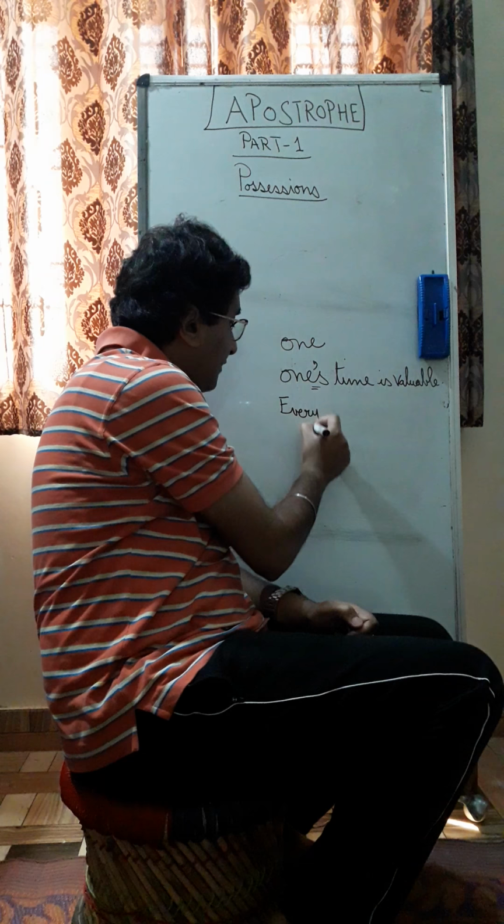So how would we write? We will write Ram and Shyam's mother. Right? So Ram and Shyam are brothers, and this is the mother who belongs to Shyam as well as to Ram.